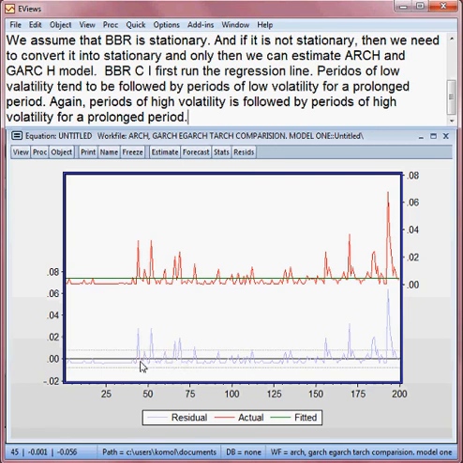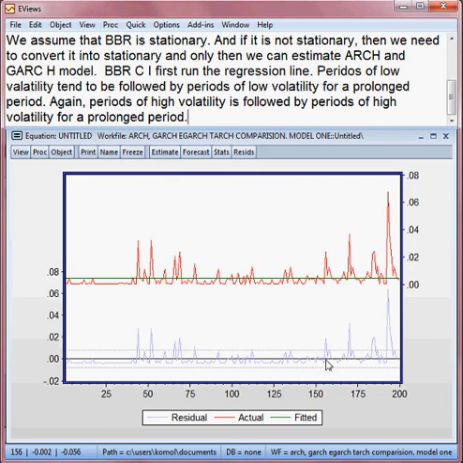So high volatility is followed by another high volatility. And also from here, you can see, from 150 days, right?